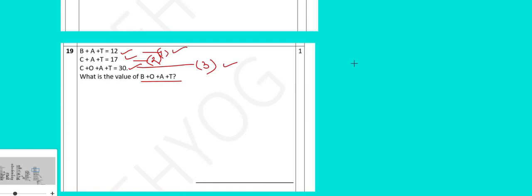So now here adding them, B plus C plus 2A. Why 2A? Because there are 2 A's: here we have a 1A and here we have the second A. So we have 2 A's plus O plus 2T as well. Here we have a 1T and here we have the second T. So 2T is equal to 12 plus 30, because their values are 12 and 30.